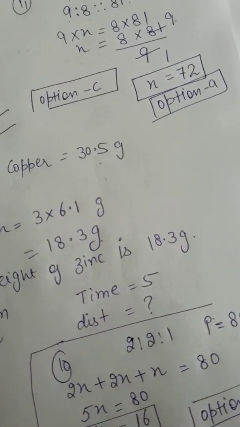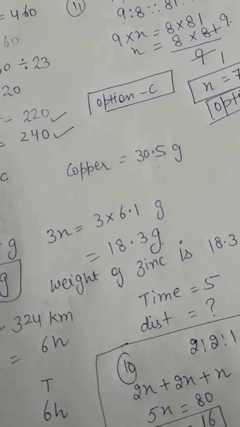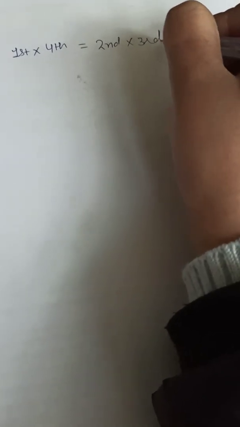Now question number 12 is, if the first, second and fourth terms are given. First of all, see, in case of terms, the formula is the product of the first and fourth, that is the extremes, equals the product of the second and third. Here first is 36, second is 81 and fourth is 63.